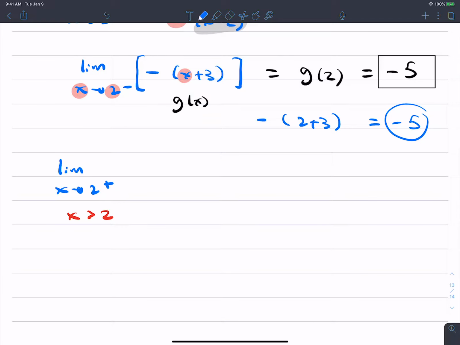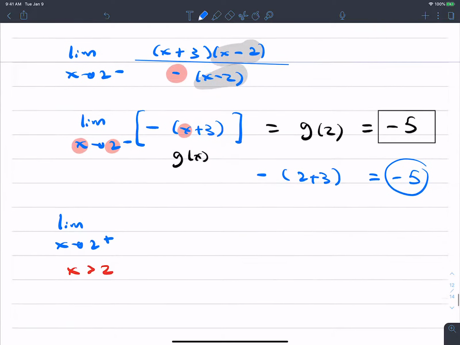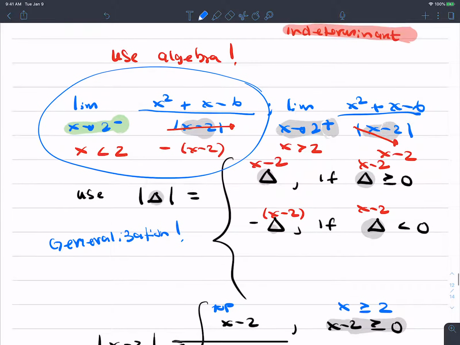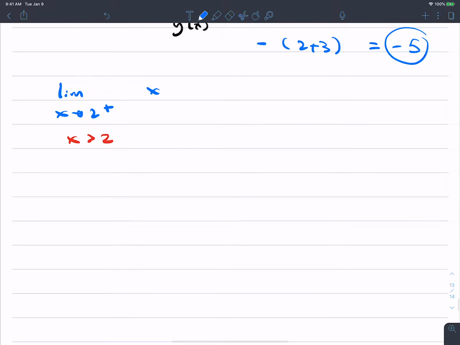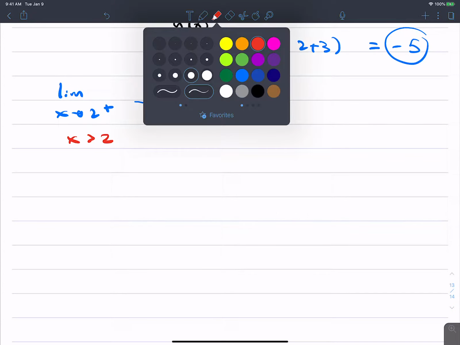So my function then becomes x squared plus x minus 6 simply over the x minus 2. We're looking at this over here now. This is from the right. So x squared plus x minus 6 over x minus 2.